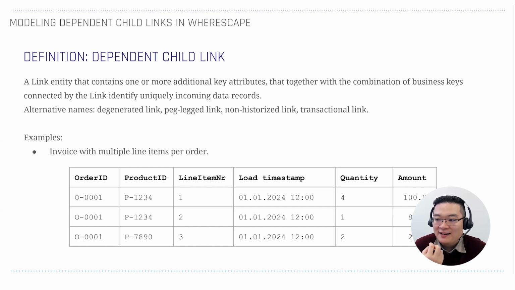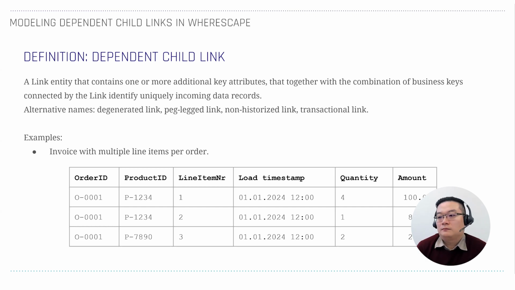And then you would also find a non-historized link reference or a transactional link. But all these names can be used to describe a link relationship that would need an additional key to uniquely identify the data records in the source.